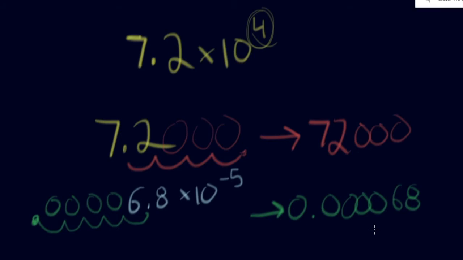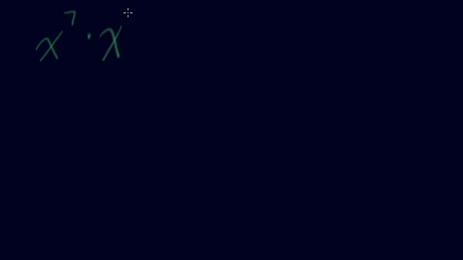Now we also need to talk about what multiplying and dividing look like. So we got to take a look at that. When we're multiplying our scientific notation, we have to go back and just remember a couple of things. One thing we have to remember is when you're multiplying things that have the same base, so x to the 7th times x to the 5th, that would be x to the 7 plus 5, because we add the exponents.